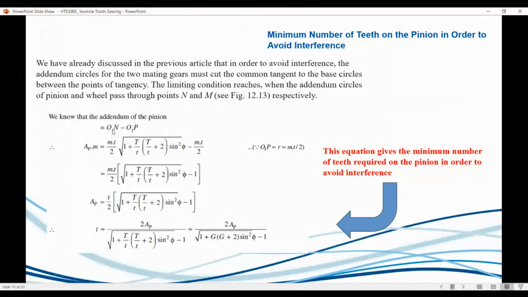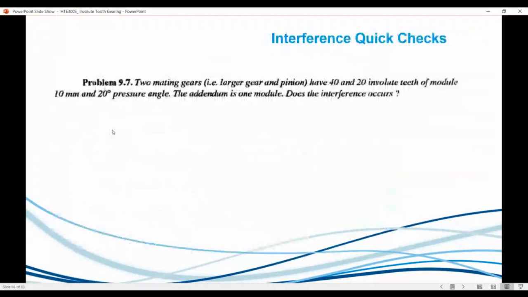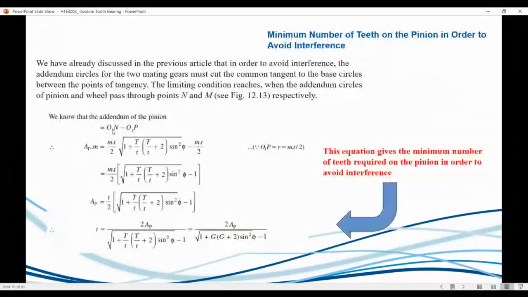It's O1N minus O1P, and O1P is basically your pitch circle radius, if you remember, the P from the center going up. The formulas are in your formula sheet, and I also simplified it. If you want to find the number of teeth straight away, they will rearrange it so you can find the number of teeth straight away. This is the addendum of the pinion.